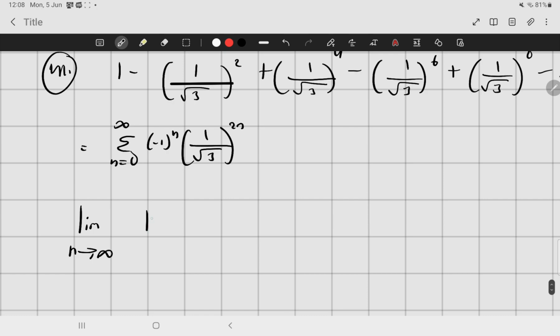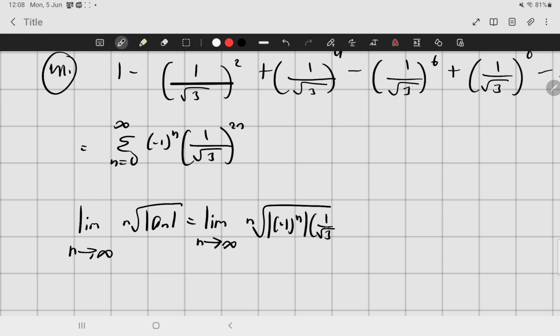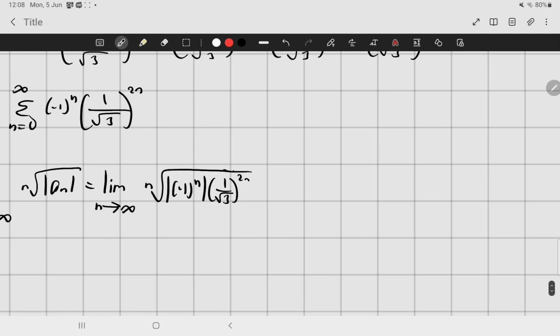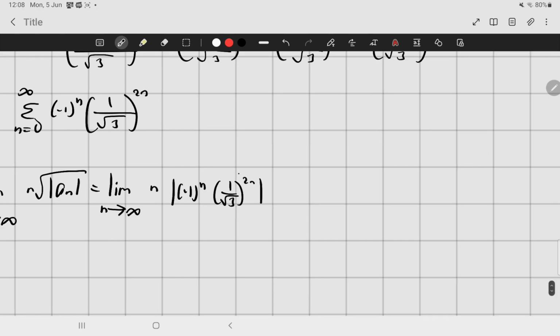So that's something to take note of. Here, limit as n approaches infinity, we have negative 1 to the power of n. Sorry, I have to put the absolute value first. Then the negative value will be cancelled out.